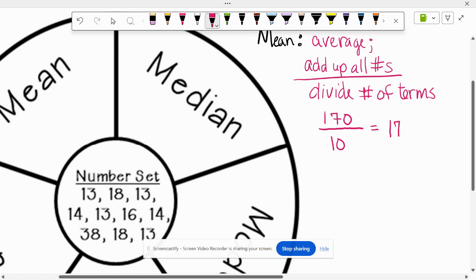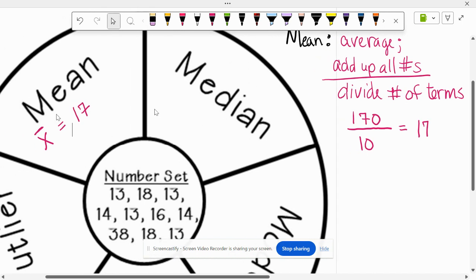So on the front flap where the word mean is, on your calculator, mean looks like an X with a little bar over it, and I'm going to say that it equals 17. So our mean is 17.